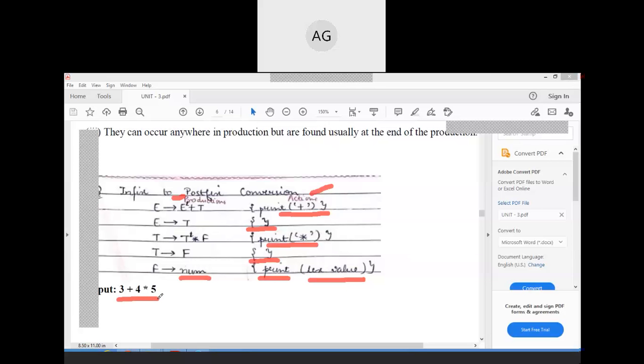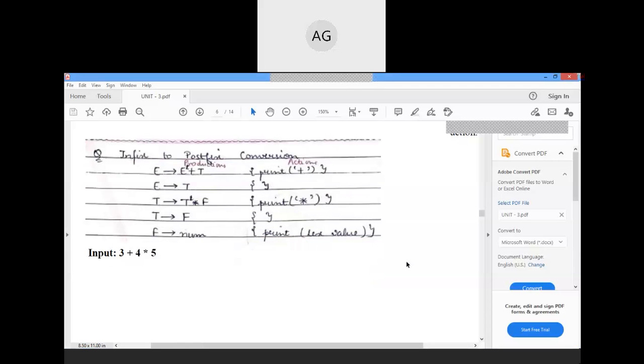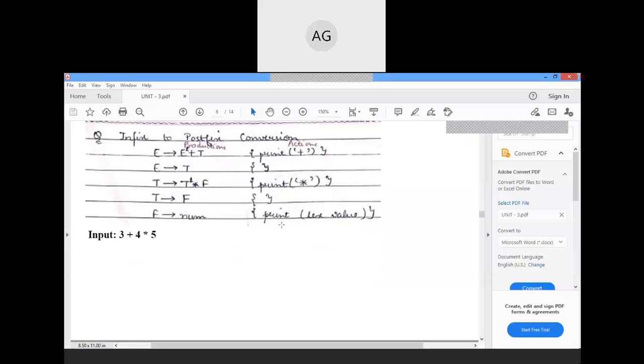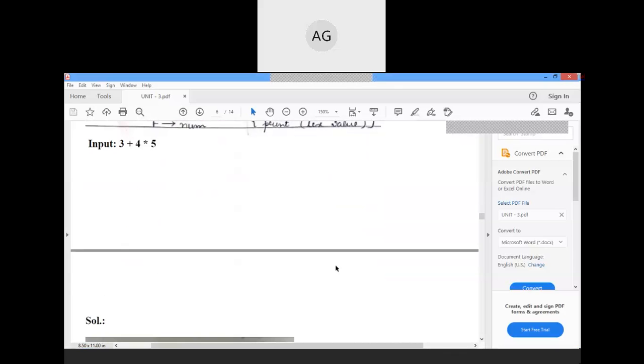These are given in the infix form, and after this we are going to convert it into the postfix form. So just remember these productions and the corresponding actions, and just remember the input given to us, 3 plus 4 into 5.